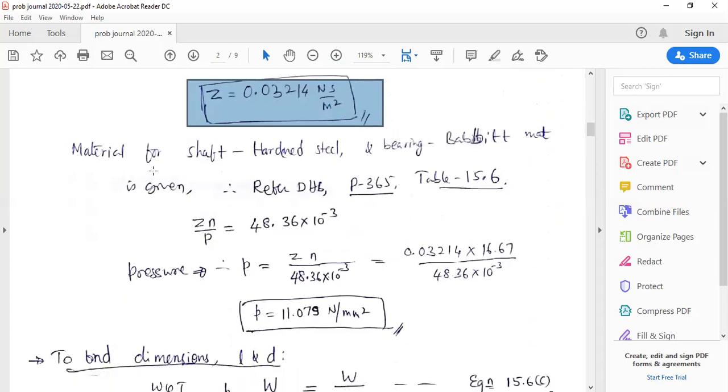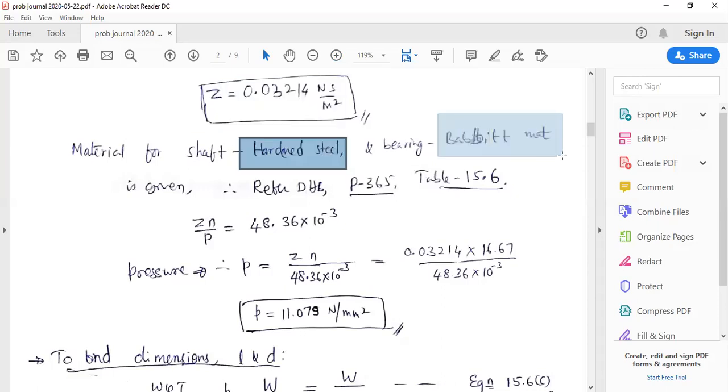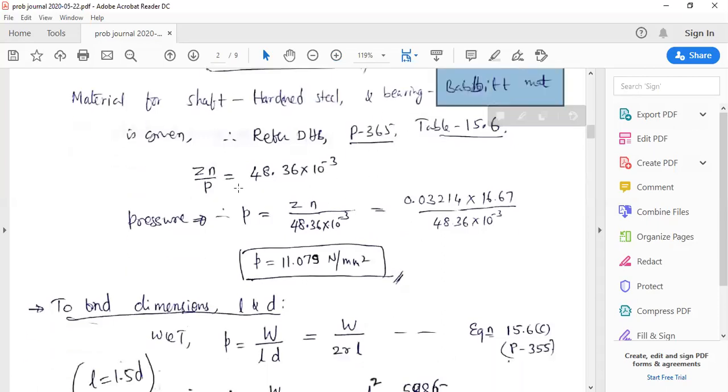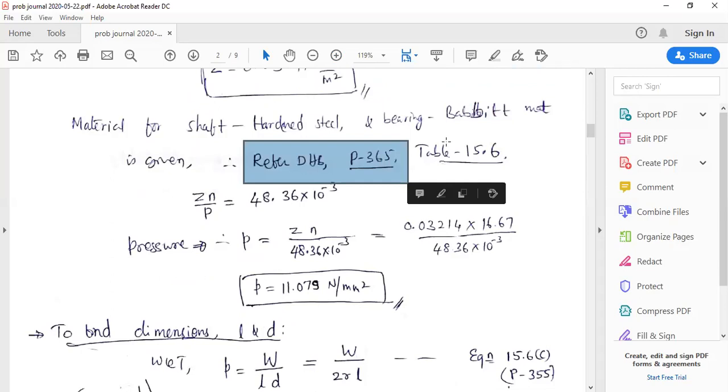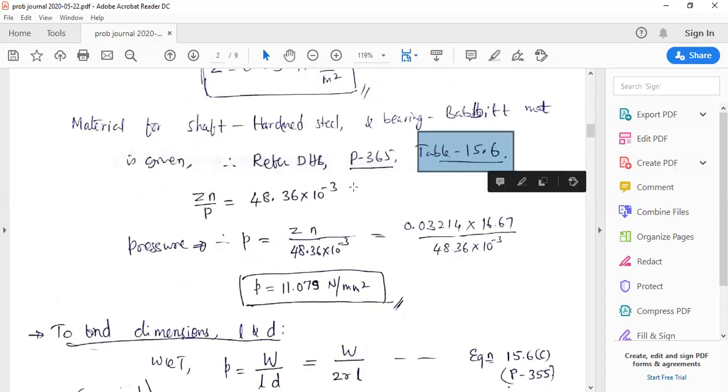Next comes the material for the shaft, as well as the bearing material, which are given. Shaft material is hardened steel and bearing material is Babbitt material. By using these two values, we have to refer to page number 365 of the data handbook, table number 15.6.